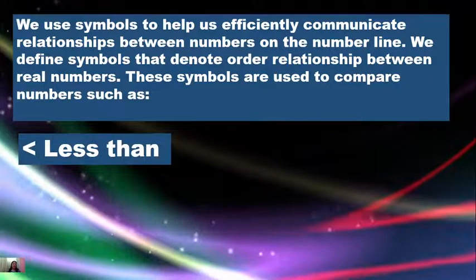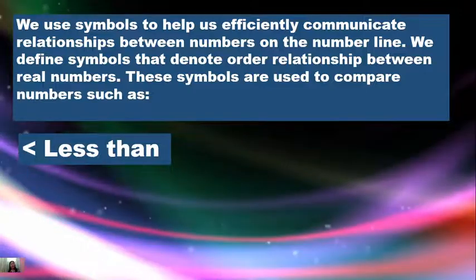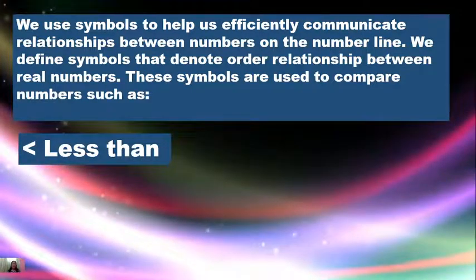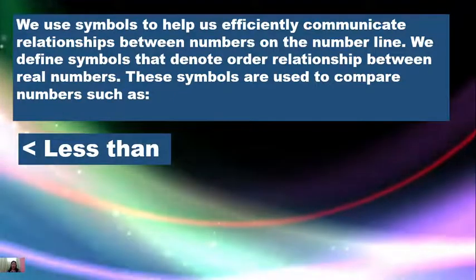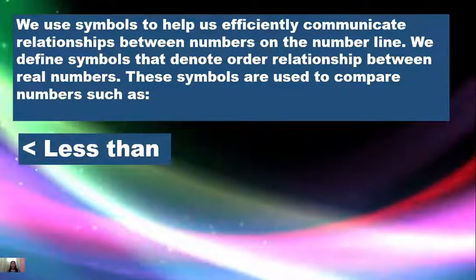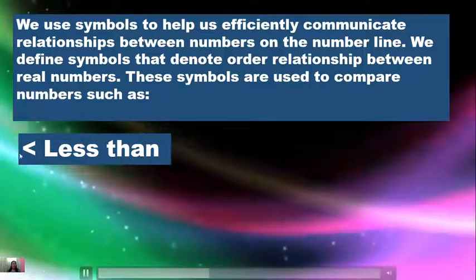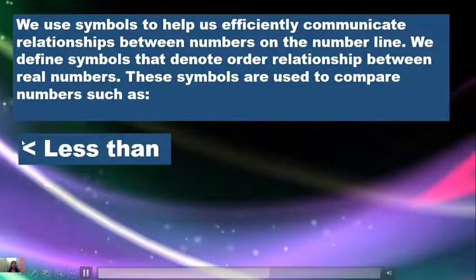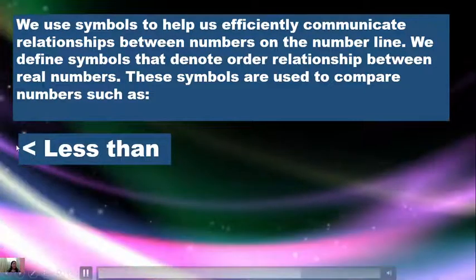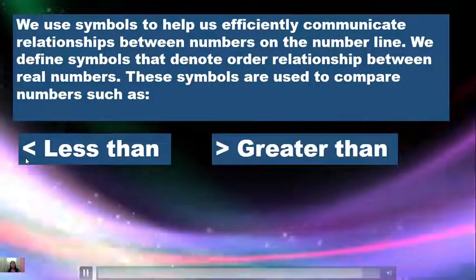If the first number is smaller than the second number. Let's say, if we will try to compare the relationship between 5 and 8, 5 is less than 8. Ganon. So, gagamitin mo yung symbol na ito kung yung first real number is smaller than the second real number. And its opposite is greater than.